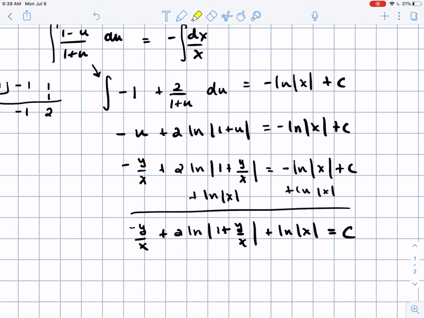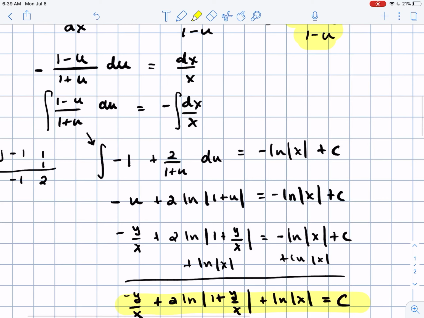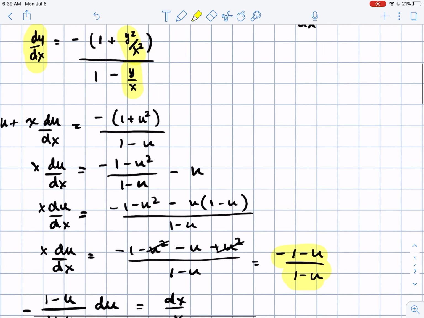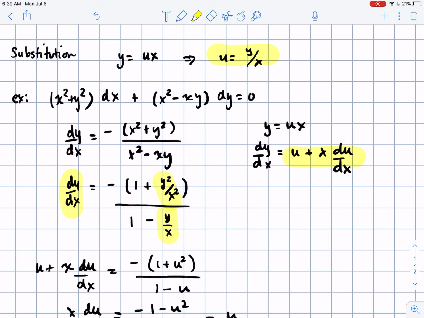So this is substitution. And the best way to think of substitution in this sense, in my opinion, you could do what the book does, but I like to get it into the form of y over x. So you can see how I did that here, right?